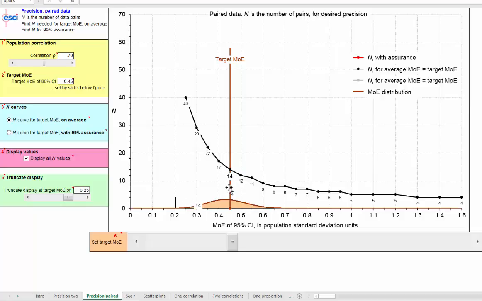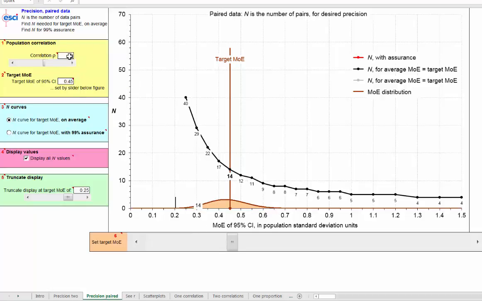But remember, there's one additional thing I have to specify, the correlation between the pre-test and post-test, between the two measures. Here it's set by this slider, and here I've set rho equals 0.7, which is a typical fairly high value. And this tells me that a single group of only size 14, how wonderful, how luxurious, will give me on average MOE of 0.45.